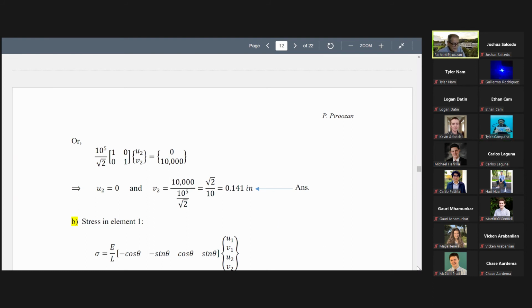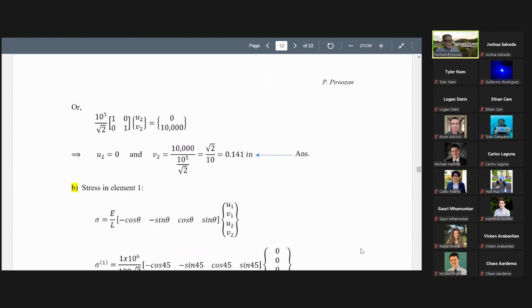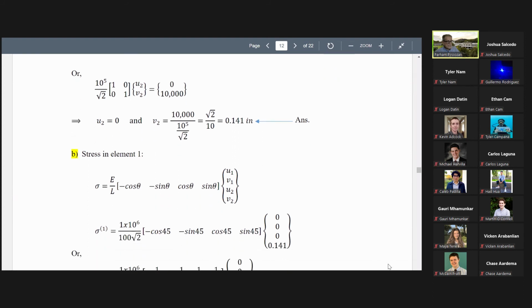All right. Let's look at the stress in element 1. We get E over L, where L is the length of the element, and theta is 45 degrees, and U1, V1, U2, V2, plug them in.